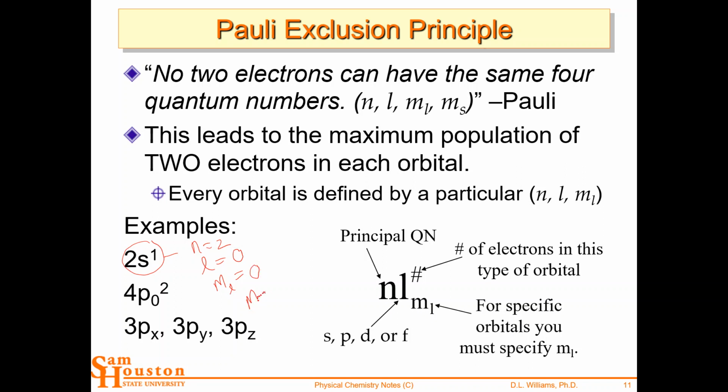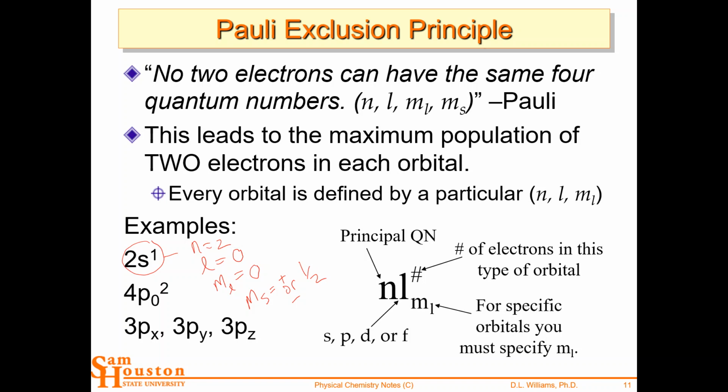And M sub S is ambiguous. It could be plus or minus 1/2. So it could be a spin up electron in that s orbital or a spin down electron in that s orbital. So we really don't know what the M sub S is.